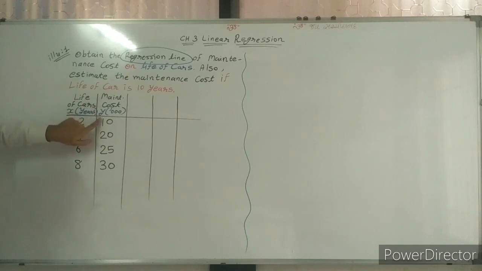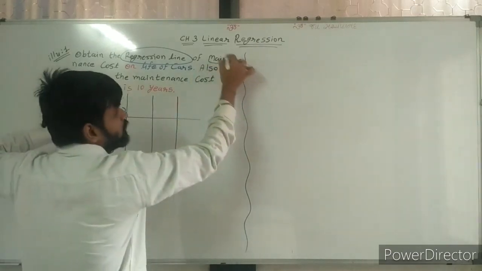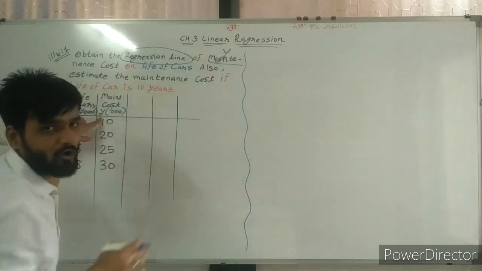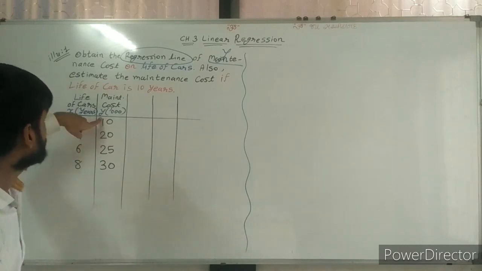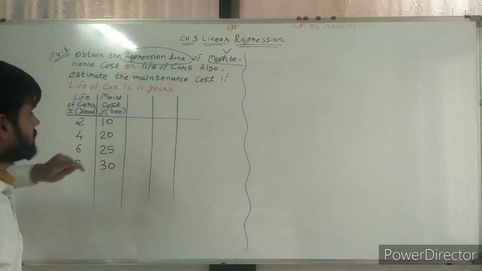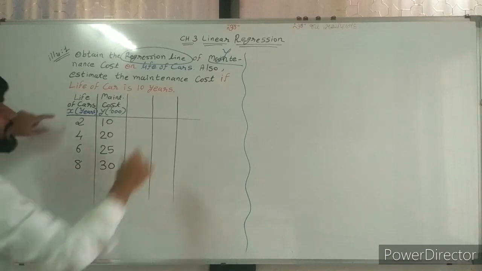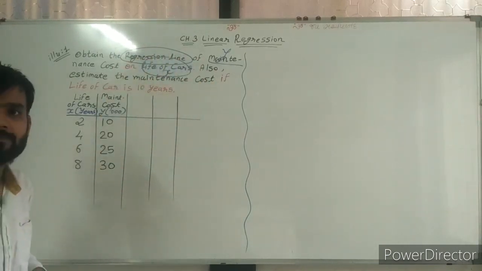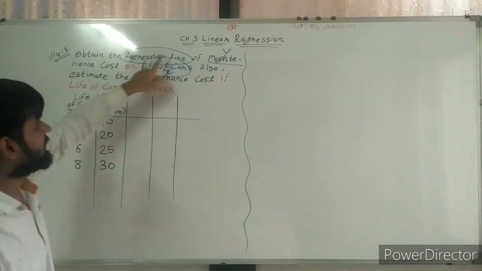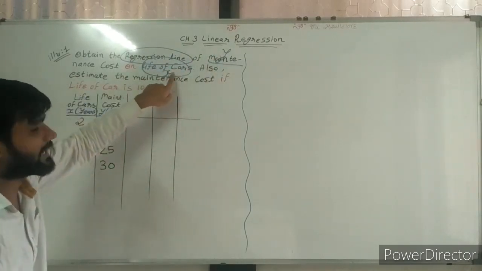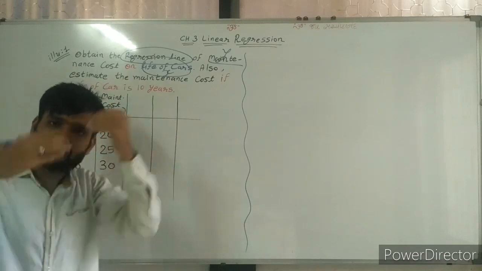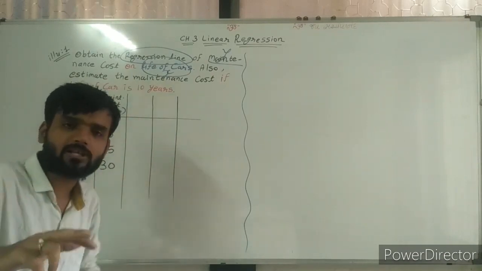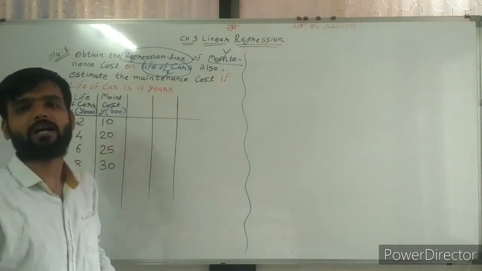Sir, maintenance cost is assumed here as Y. So maintenance cost is the value of Y on life of car. Life of car is assumed as X, so it is the value of X. So we need to find the regression line Y on X. In this way we can understand which regression line we need to find.